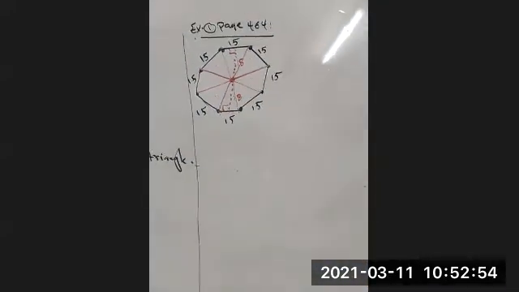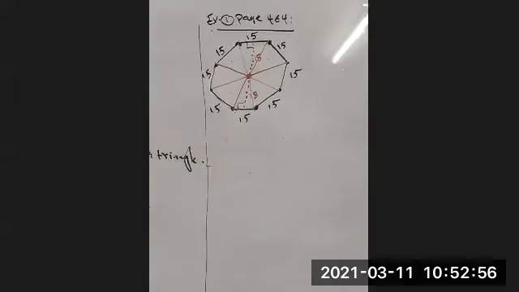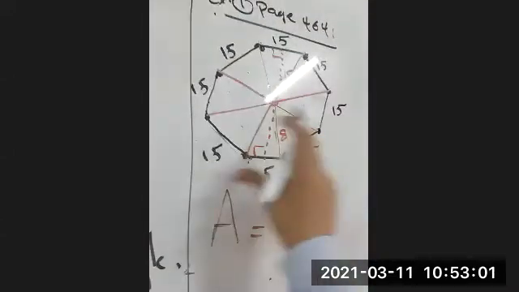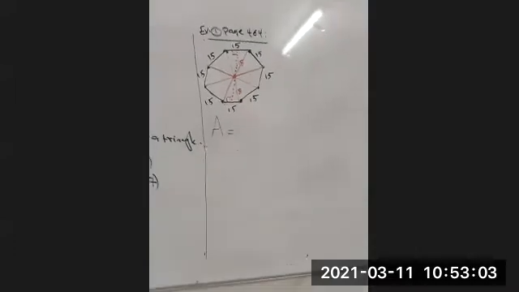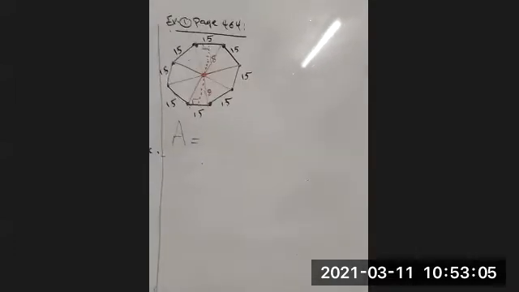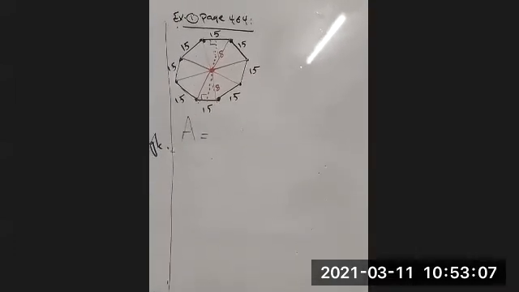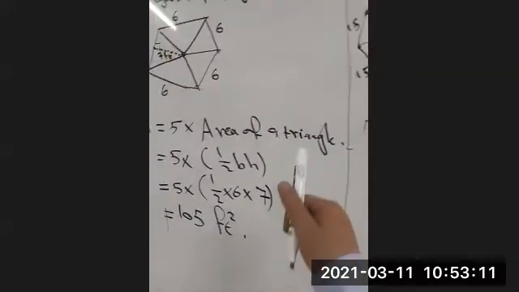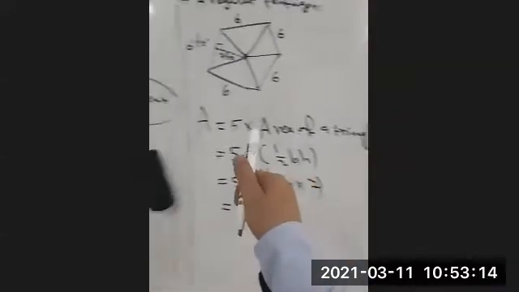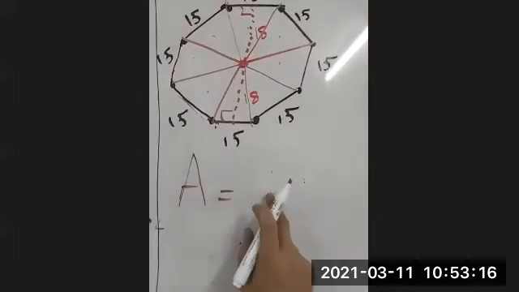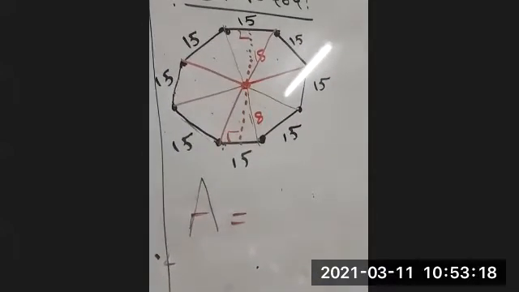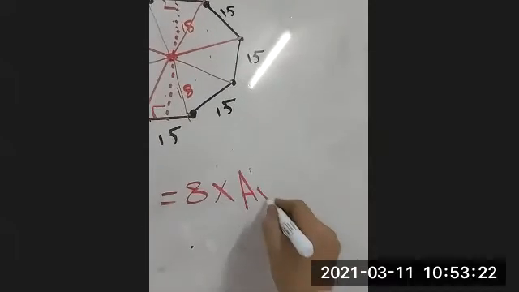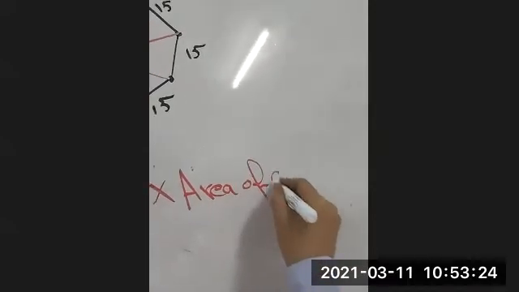Got it? Yes. Now, how do we find the area of the whole octagon? We will find the area of the triangle and multiply it by 8. What do I write here? 8 multiply the area of a triangle.